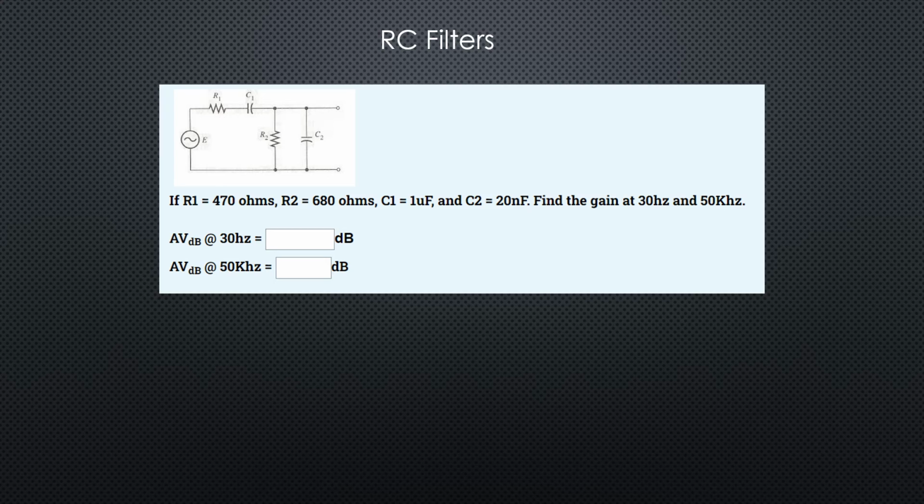Right, so the first thing we want to do is establish the Bode plot. So we're looking for F1 and F2 so that we can then use those formulas to figure out where we're going to be dB wise at 30 hertz and 50K hertz.